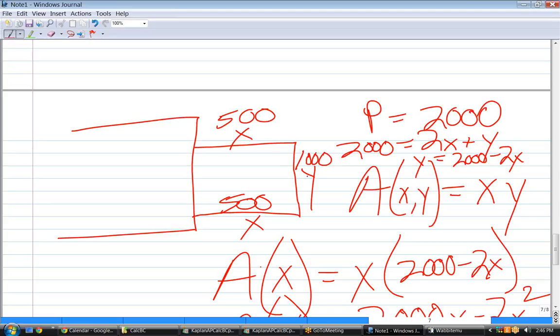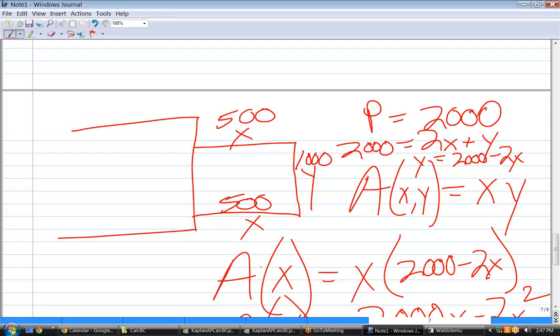500 times 1,000. In other words, you can make it 50,000 square feet. No matter what other shape you use, you're not going to get that big of an area. There's only one area that creates that much space for your horses or cows or whatever you're putting in that.